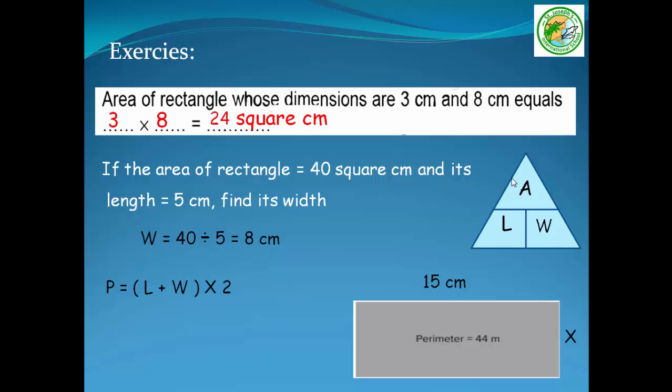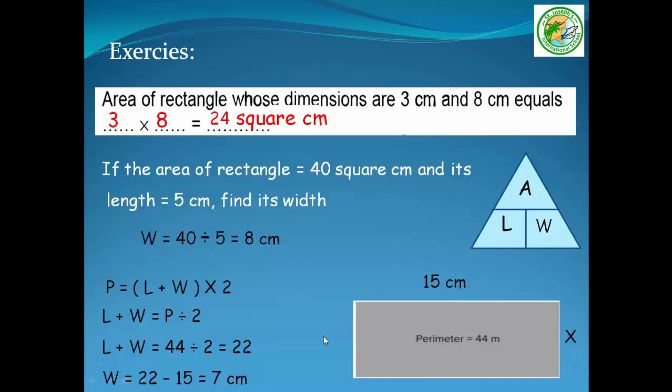We know that the perimeter of a rectangle equals length plus width all times 2. If we want to get length plus width, we will divide the perimeter by 2, because the perimeter equals length plus width and length plus width. So length plus width equals perimeter divided by 2.